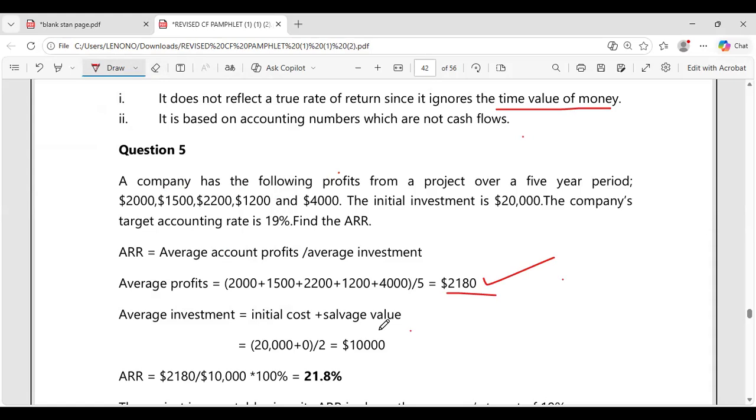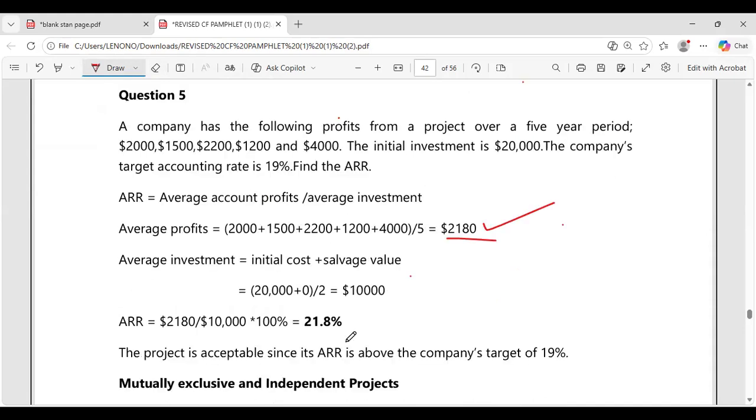The initial cost is 20,000 plus salvage value, which was not given, so 0, divided by 2, which is 10,000. So the accounting rate of return is 21.8%, and the target accounting rate was 19%.